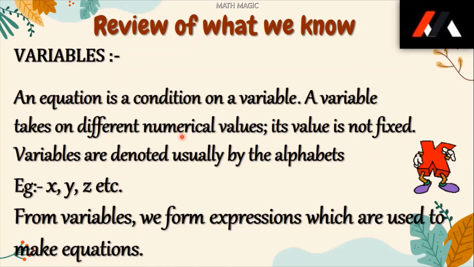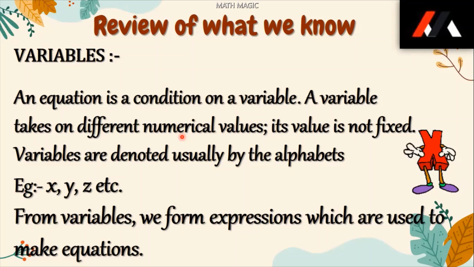Now, in the equation 2x plus 5 is equal to 10, I'm getting a particular value for x. Similarly, in another equation, I might get the value of x as 5. In some other equation, I might get the value of x as 10. In something else, I get it as 13.